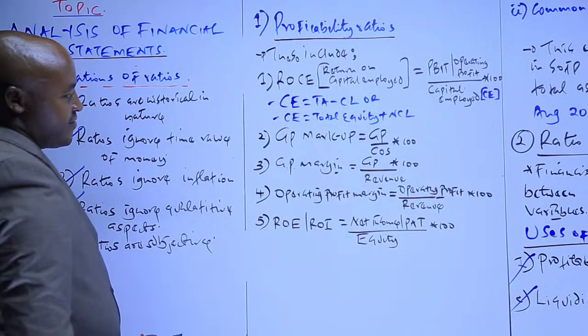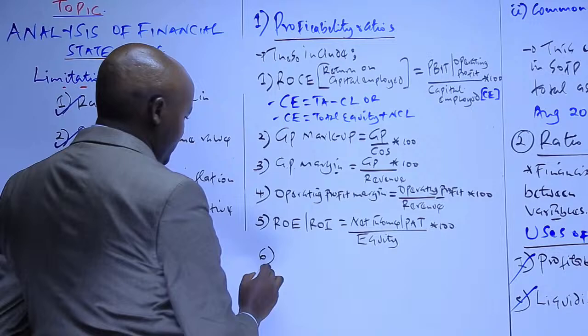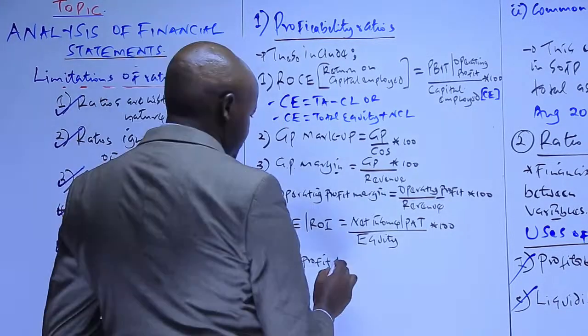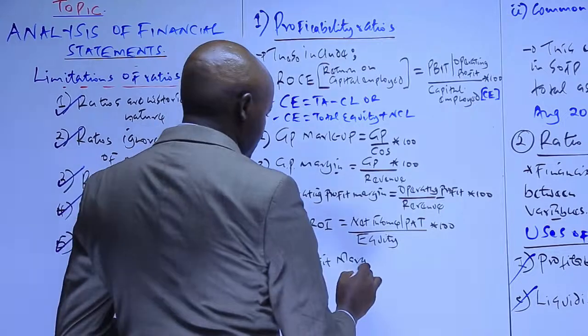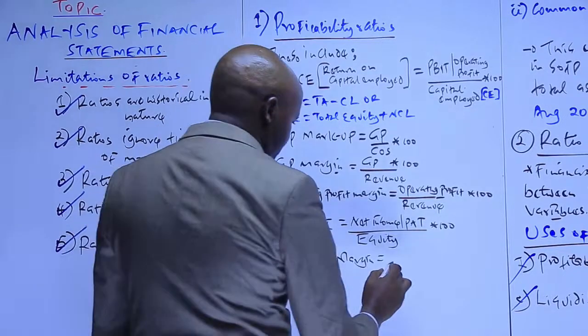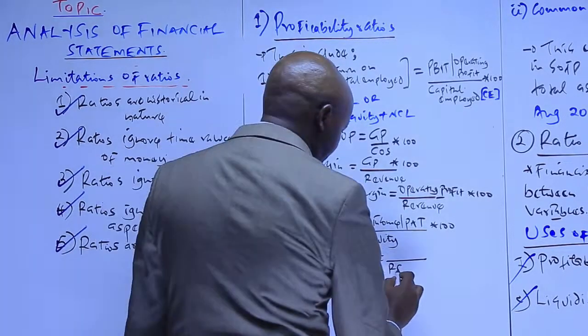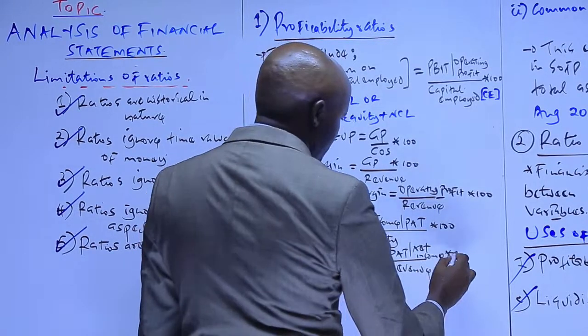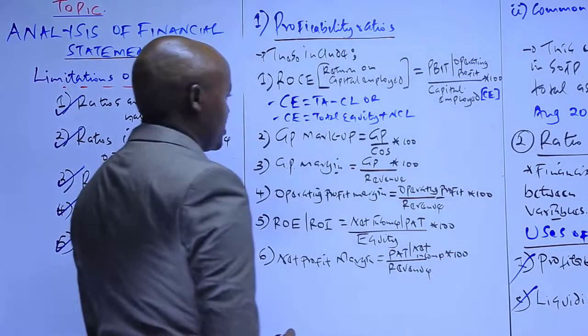We have the other profitability ratio, which is net profit margin. And the net profit margin equally, because we have the word margin, our denominator here will be revenue, and then net profit, which is also known as net income, times 100.